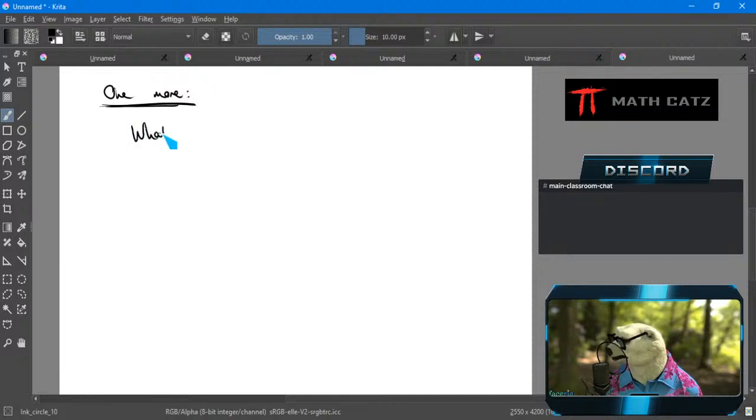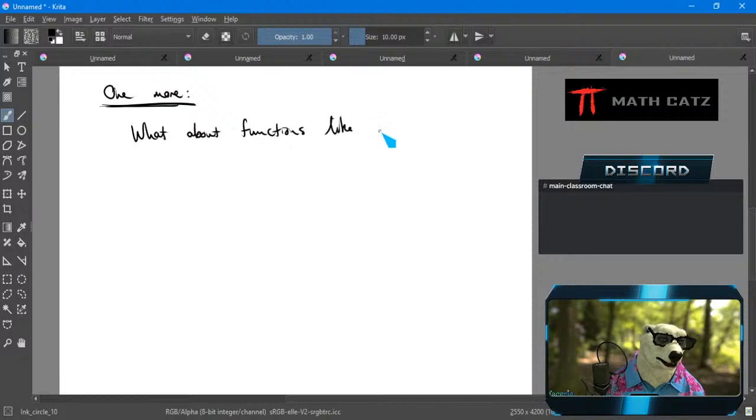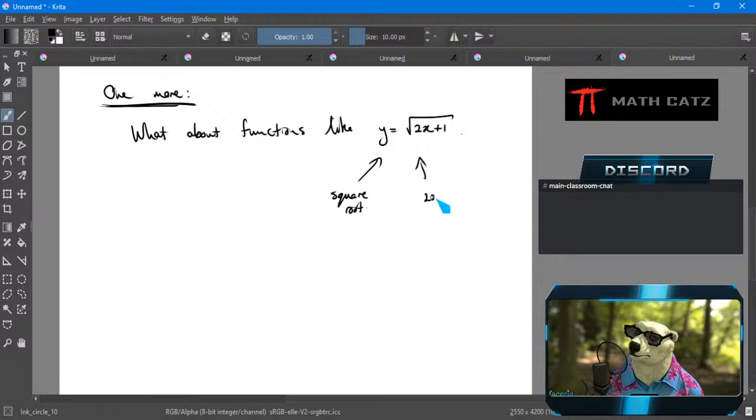When I think about functions like the following example, let's call it y, it's fine. Root 2x plus 1. Now there is a square root function in here, and there's a 2x plus 1 also in there.